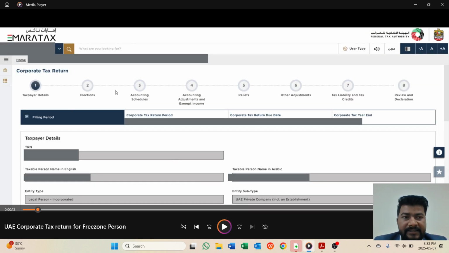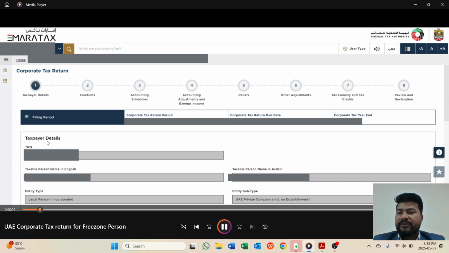Now look, you can see there are altogether 8 sections. If you are not going for small business relief, there are 8 sections, and we will explain them one by one. So let's start.